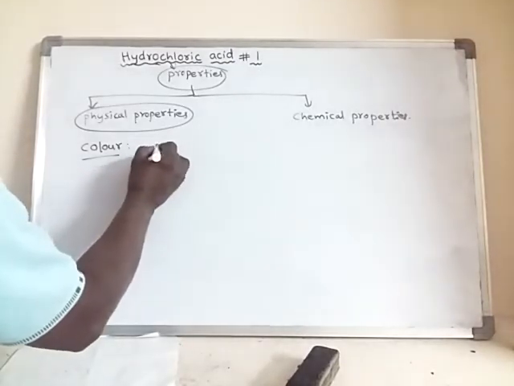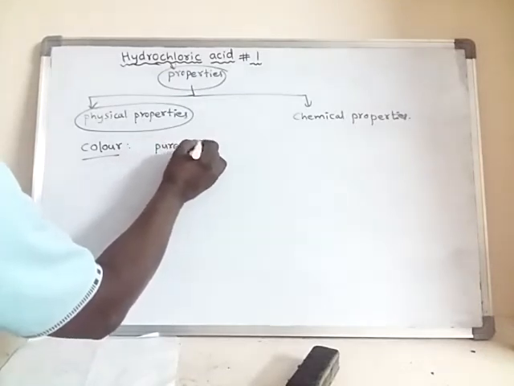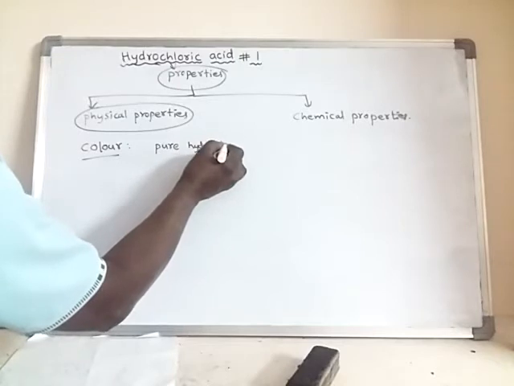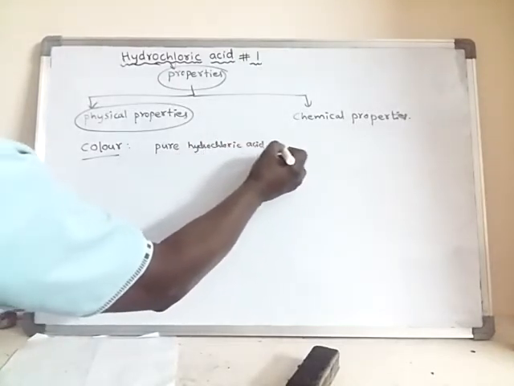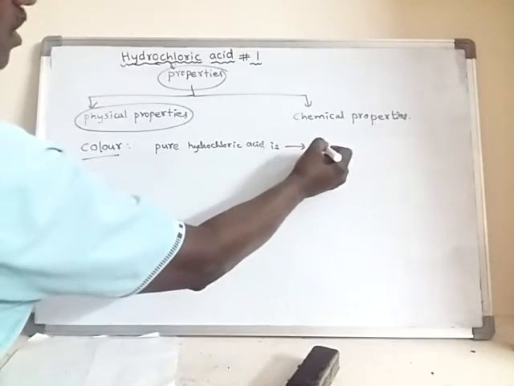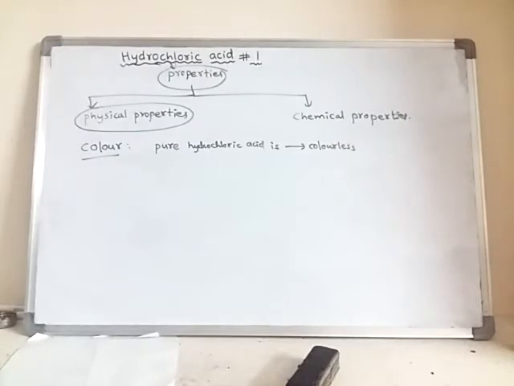In its pure form, hydrochloric acid is colorless. But commercial hydrogen chloride, or else commercial hydrochloric acid, is pale yellow in color.